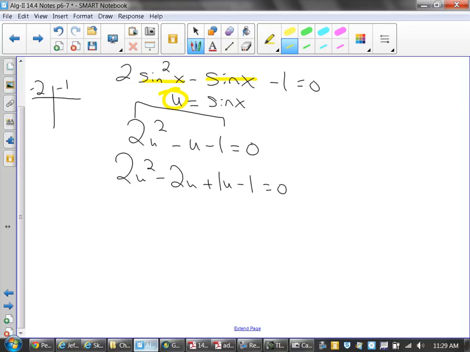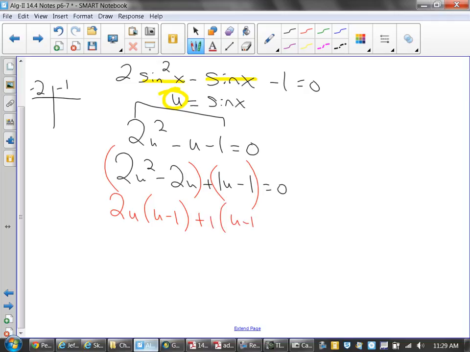I'm setting this up for factoring by grouping. If I factor by grouping, I'm going to take my GCFs. u minus 1. Take out a 1. And now I'm left with 2u plus 1 and u minus 1 equals 0.